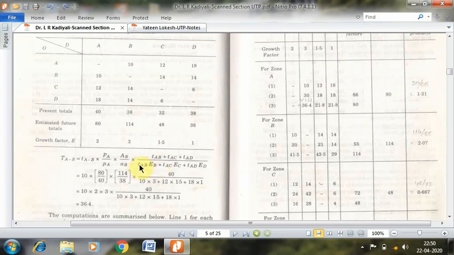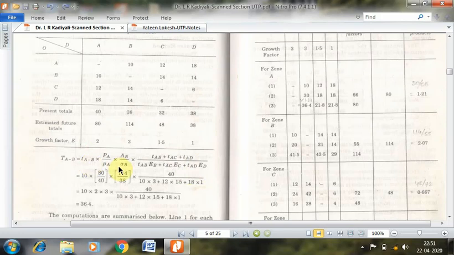So here if we take small TAB multiplied by the growth factor of the destination B, so TAB multiplied by EB plus TAC multiplied by EC, TAD multiplied by ED. This growth factor corresponds to the destination, so you need not get confused about this.